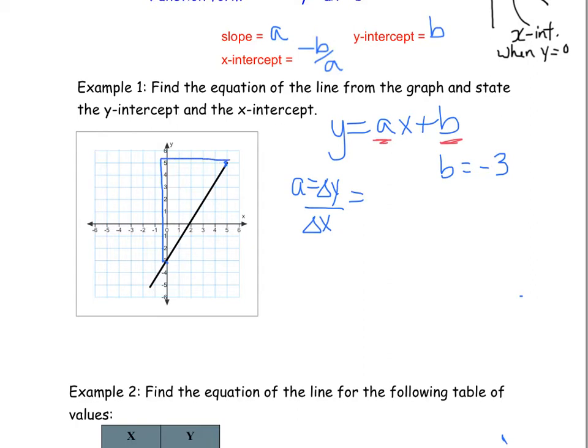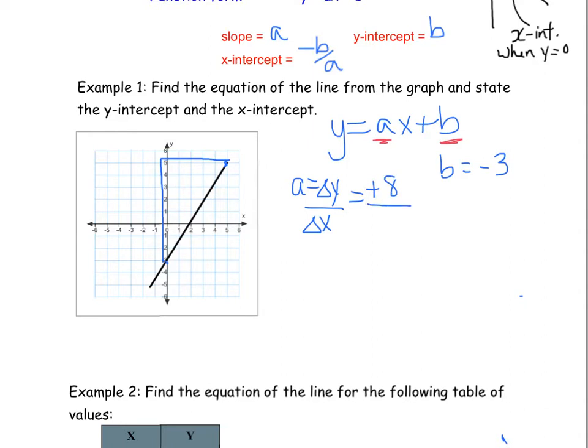Remember, you have to always follow the same path. Now I'm going to count how many I'm going up. I'm going up from my negative 3, so I'm going up 1, 2, 3, 4, 5, 6, 7, 8. So I went up, that's positive 8.